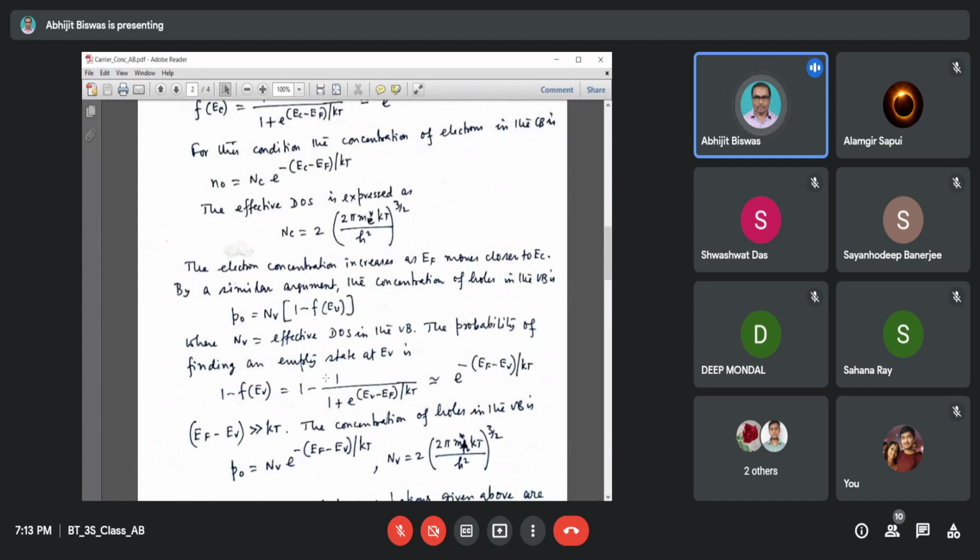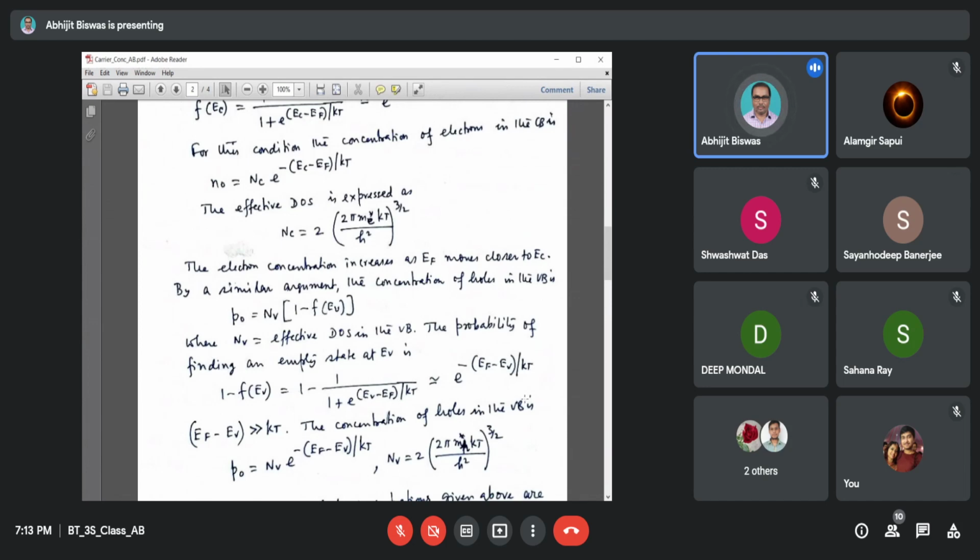And NV is analogous to NC. NV is the effective density of states in the valence band. So the equilibrium hole concentration in the valence band, denoted by P0, is equal to NV into the probability of empty states, that is 1 minus f of EV. So is it clear to all of you?